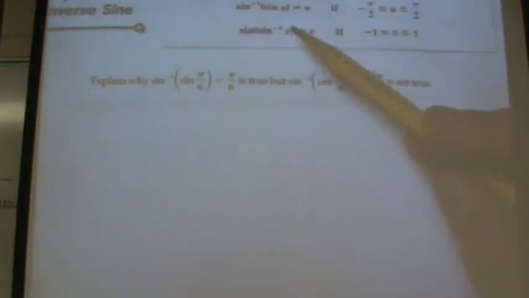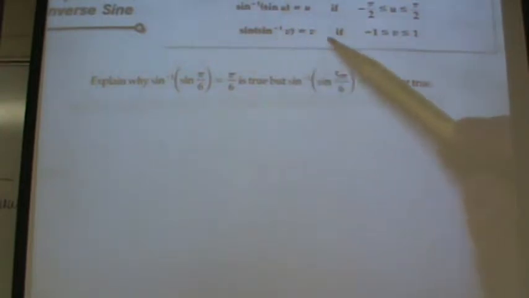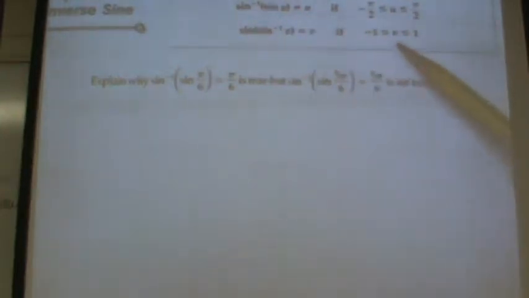Now, for the inverse, if you're taking the sine of the inverse sine of a ratio, and you get that ratio back, you can do that as long as your b value is between -1 and 1. So it's important to pay attention to these guidelines. Those will tell you if you can actually do this.